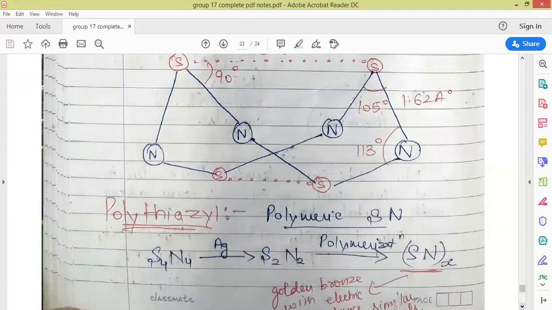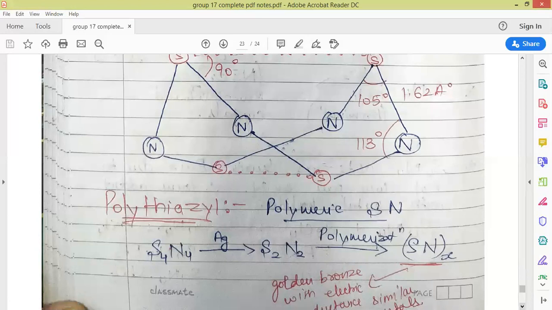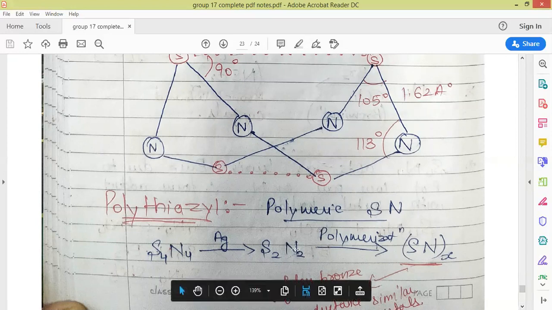Next compound to be discussed is polythiazyl, that is the polymer (SN)x. It is prepared from S2N2, which can be prepared from silver. This reaction we have already discussed, the synthesis of S2N2.